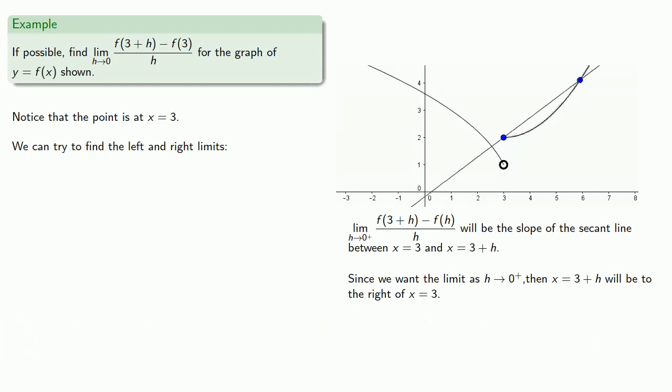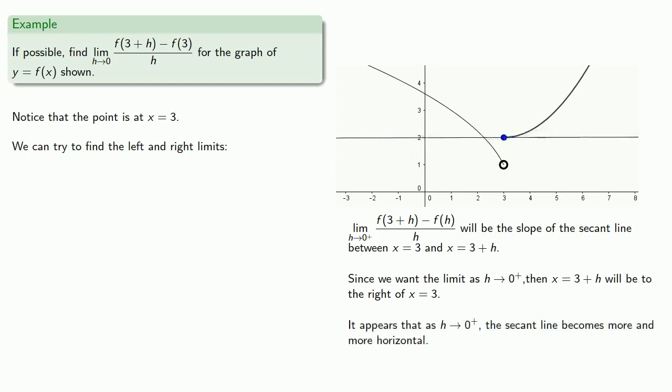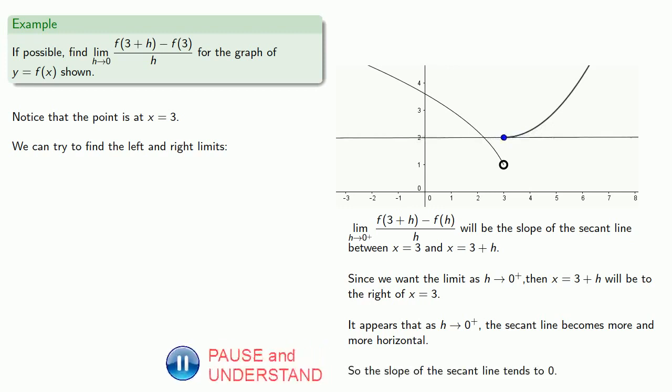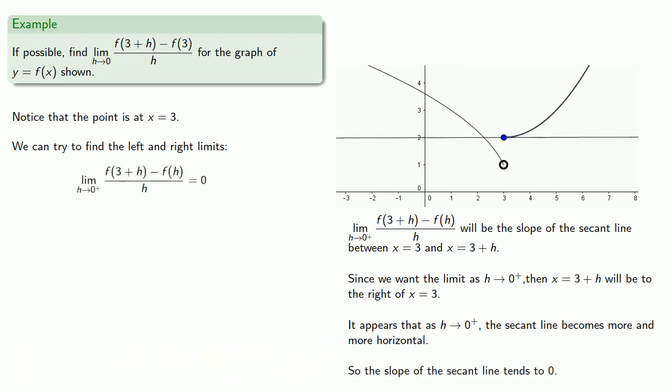And as we let h go to 0, it appears that as h goes to 0 from above, the secant line becomes more and more horizontal, and so the slope of the secant line tends to 0. And so we might say that our limit as h goes to 0 from above is going to be 0.